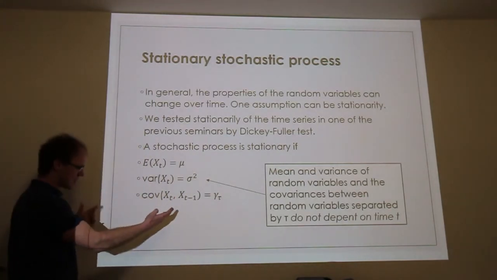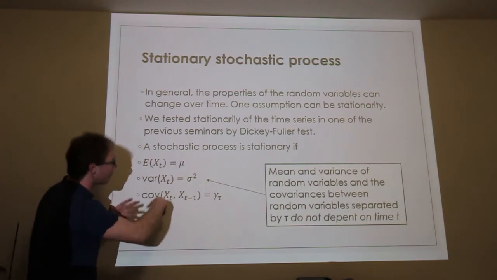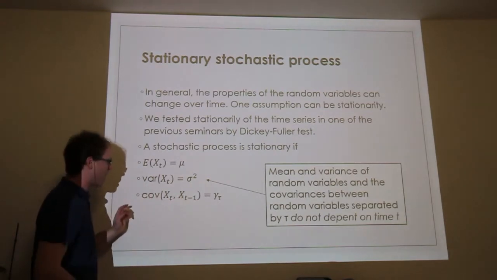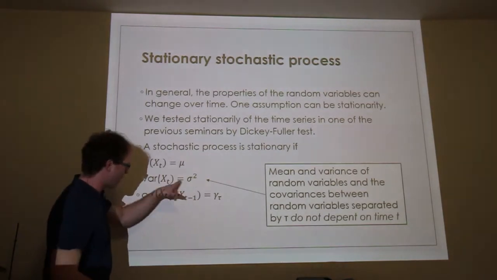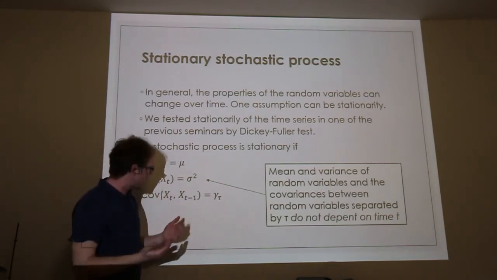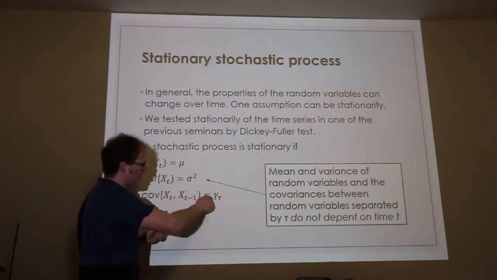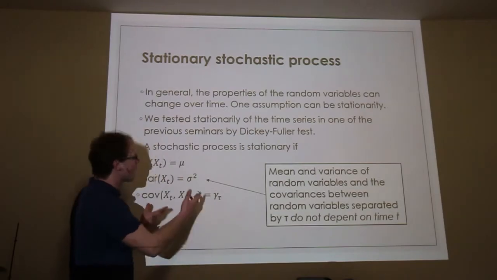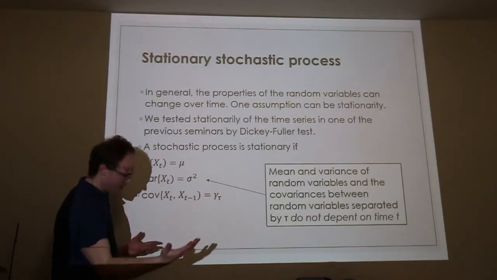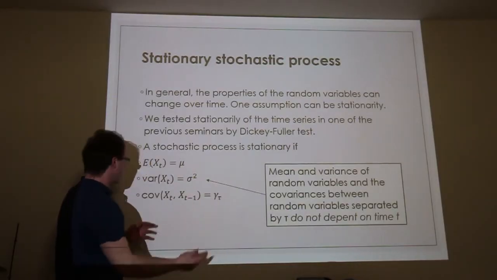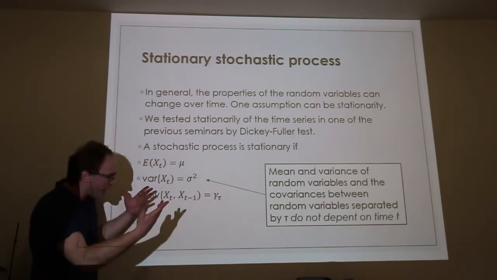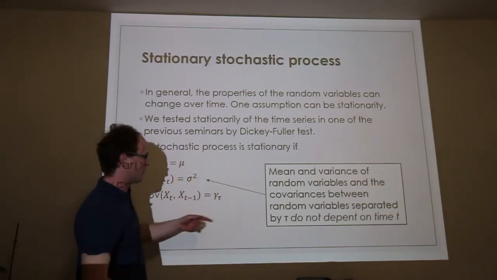And the covariance between the value of random variable xt and random variable xt minus 1, so the previous value, must be equal to gamma tau. This means, yes, gamma tau, that the covariance is again constant, yes?